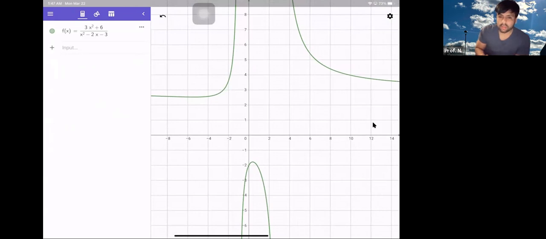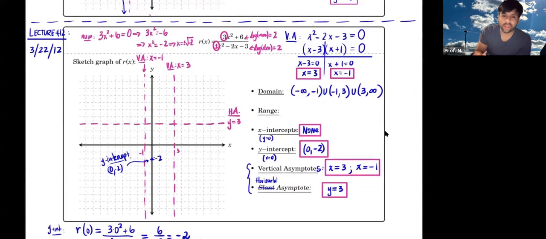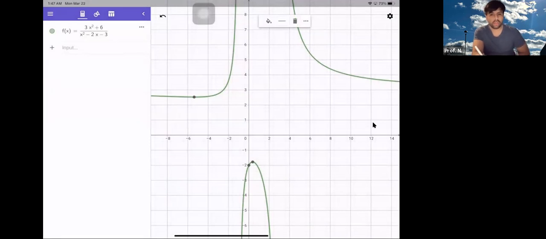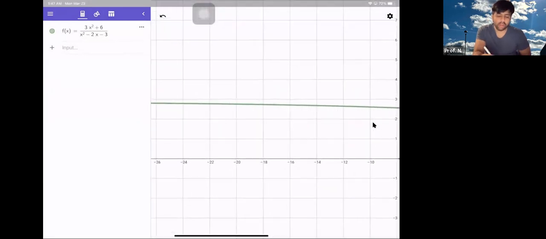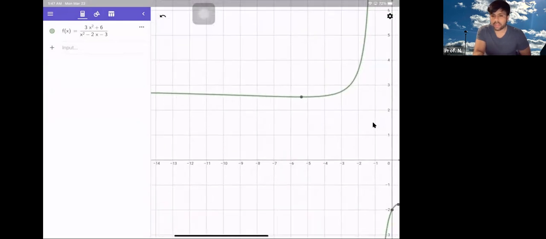And the horizontal asymptote, if you remember, we found that it was equal to 3, correct? If you notice the graph at 3, the graph actually cuts through, and then the graph starts to get closer and closer to 3, but not actually touching it.